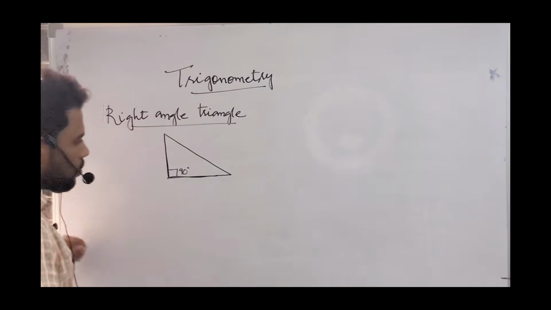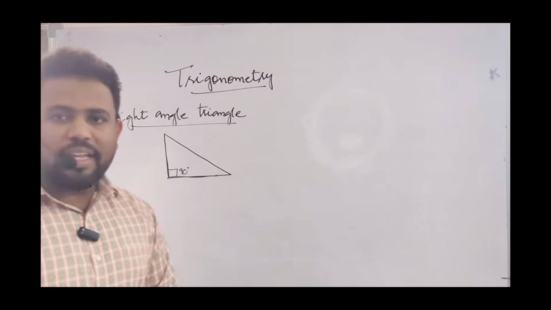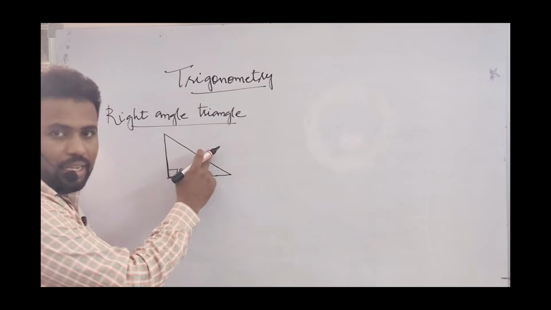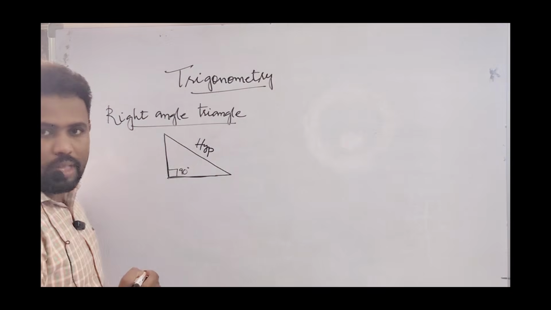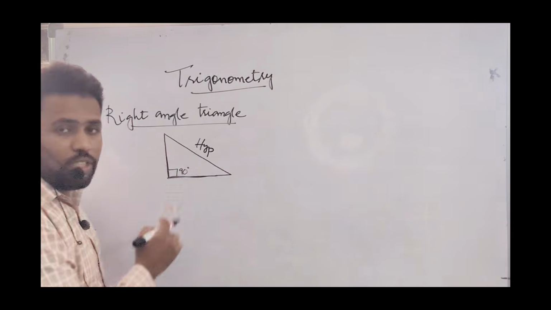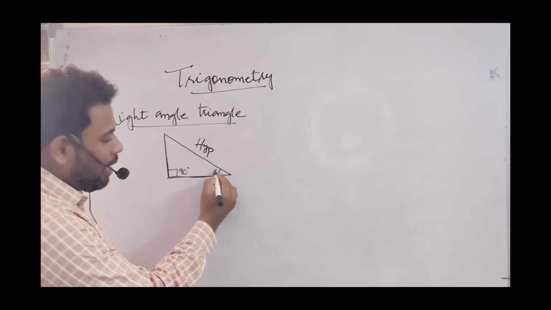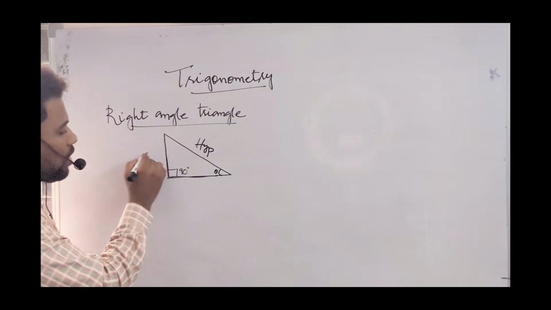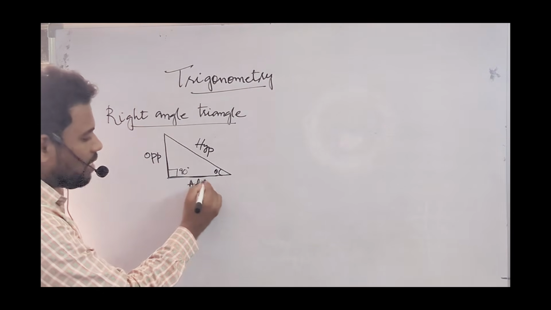These 3 sides have names. The side which is opposite to the 90 degree angle is always known as the hypotenuse side. If you are considering one angle, the side opposite to this angle is known as the opposite side, and this is the adjacent side.